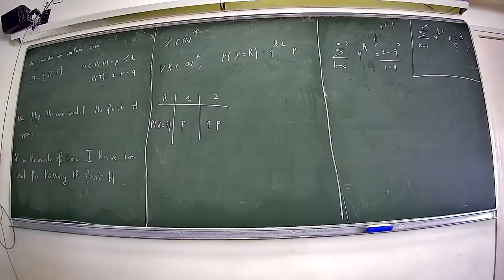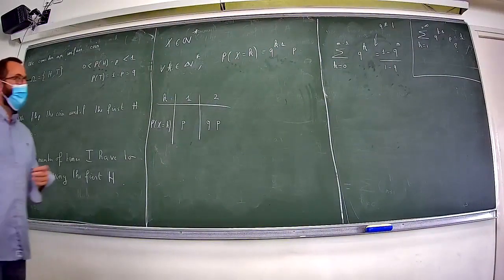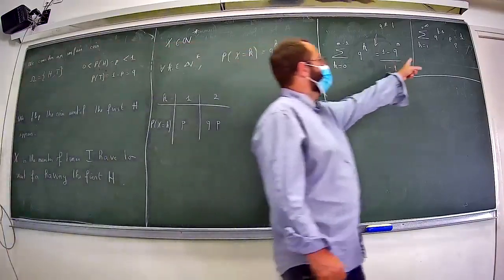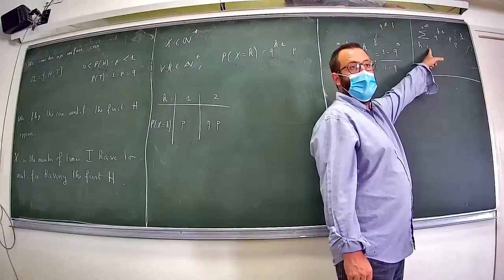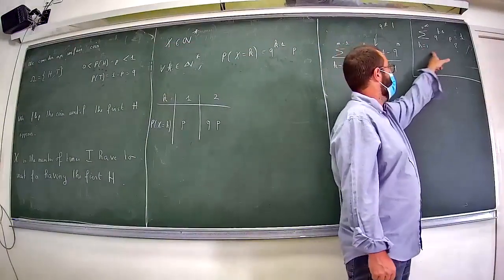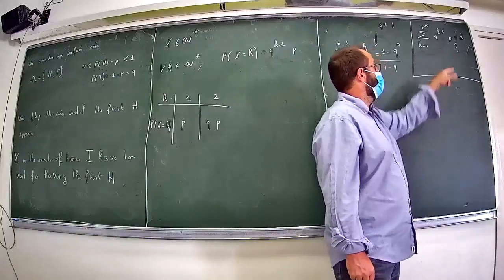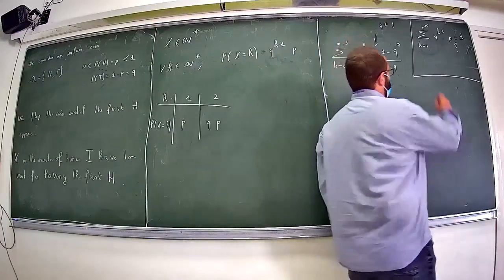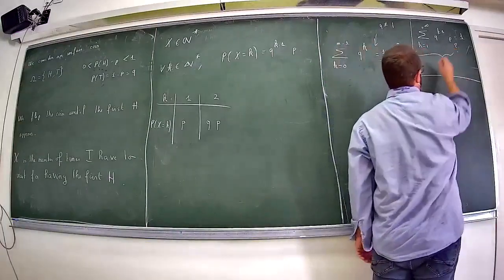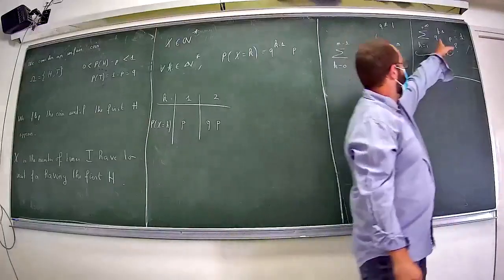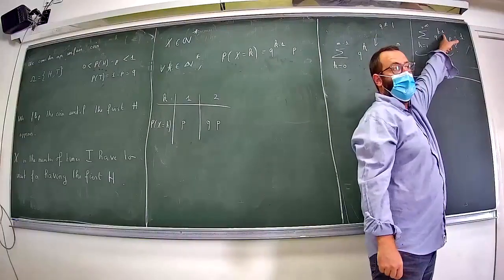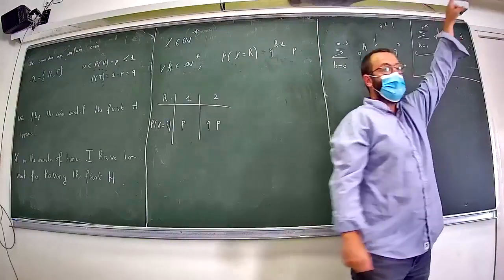Okay. I am interested in this sum here. But this sum, if I do a change in index, I can. Because you see that I have k minus 1 as an index here, I can change k minus 1 into k.